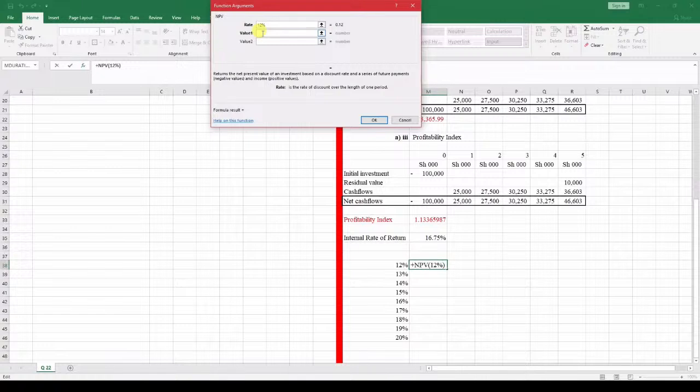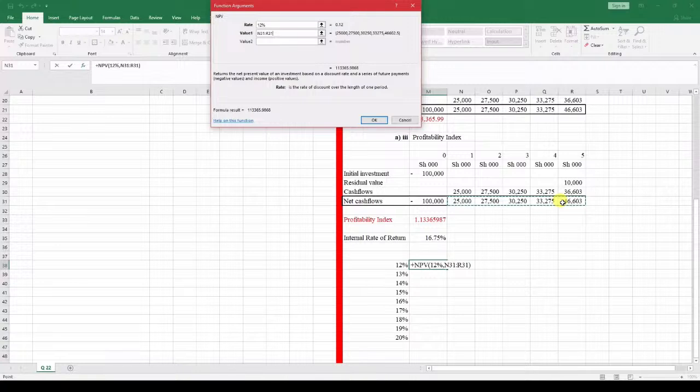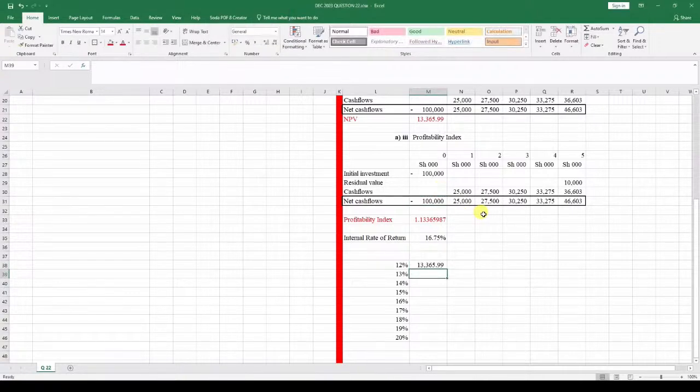The values over here are these ones here, the net cash flows here, like that. And then we do what? We add the initial cash outlay. The initial cash outlay in this case was negative here, and we get that value. So it's the same as what we got above over here.